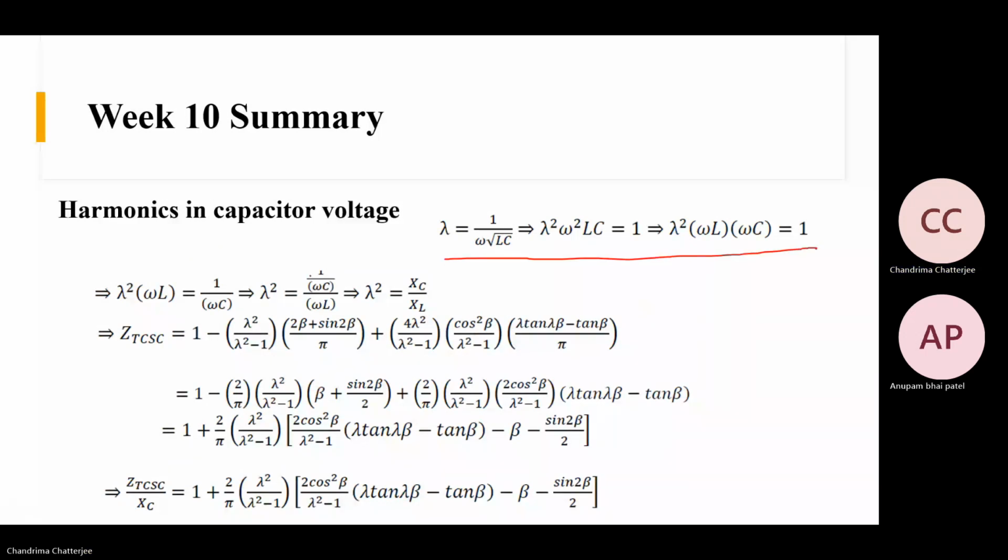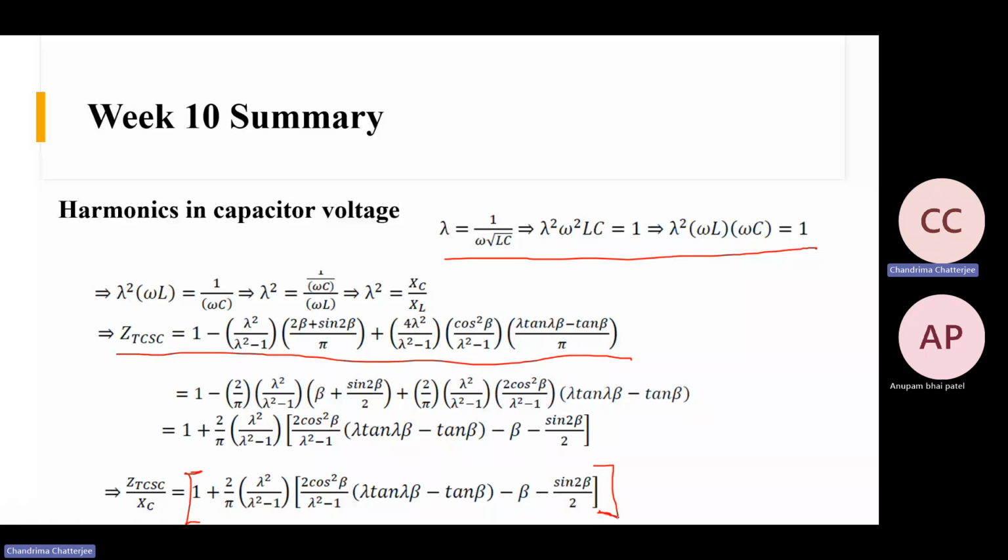And finally, we get this expression. And if you divide by Xc, the reactance of the fixed capacitor, then the expression is this. So the derivations are done in the lecture.